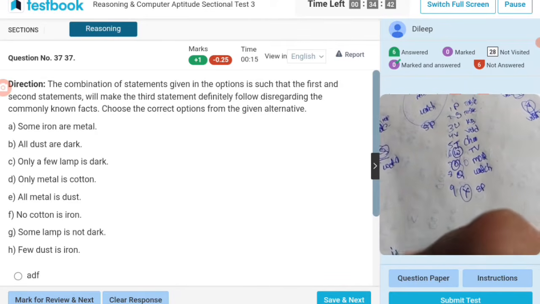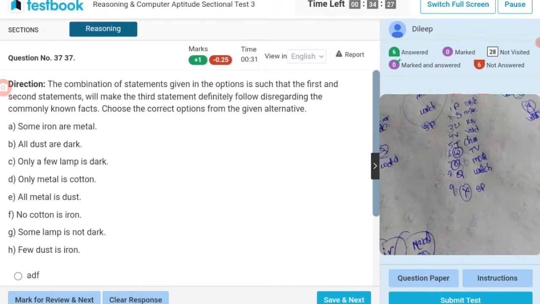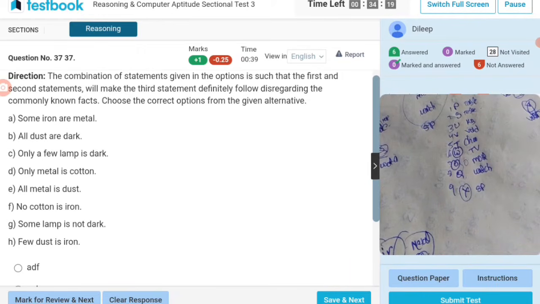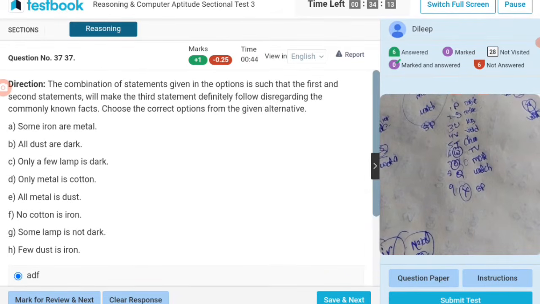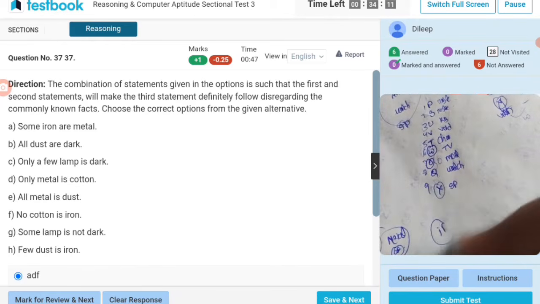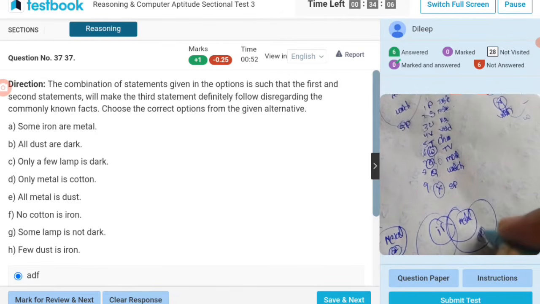So some iron is metal, or cotton is metal, or cotton is iron. We'll make the third sentence definitely follow. ADF and AEH. Some iron is metal, all metal dust.